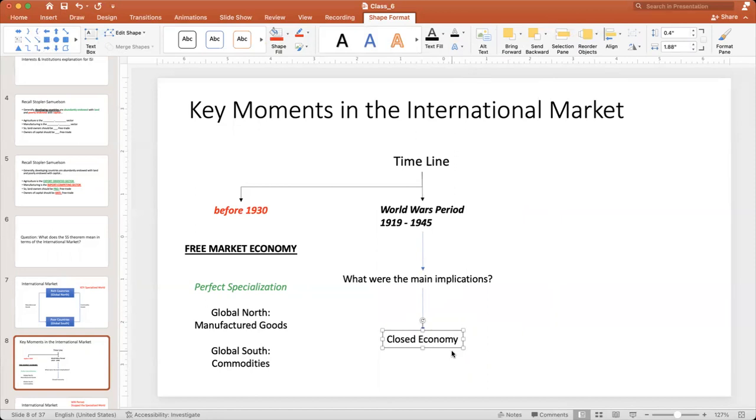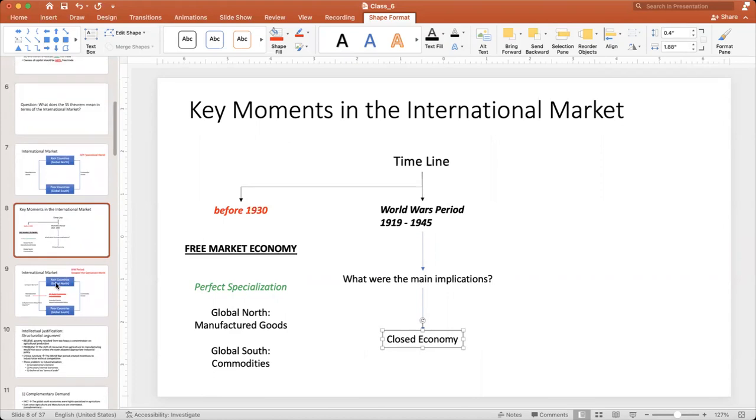However, in World War I and World War II, because of the war, the international market flows stopped, and we started to live in a closed economy, in this idea of autarky that we talked about in the first week of this class.